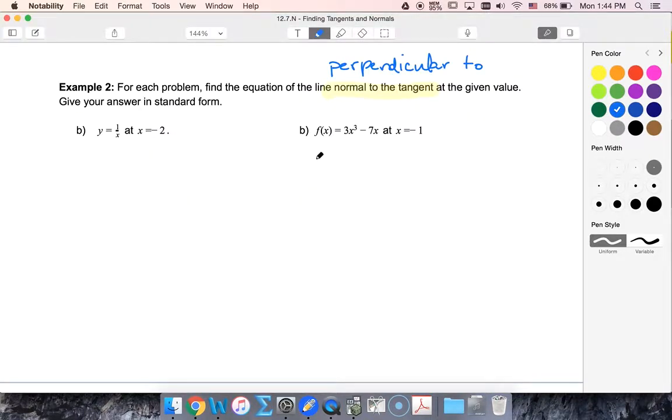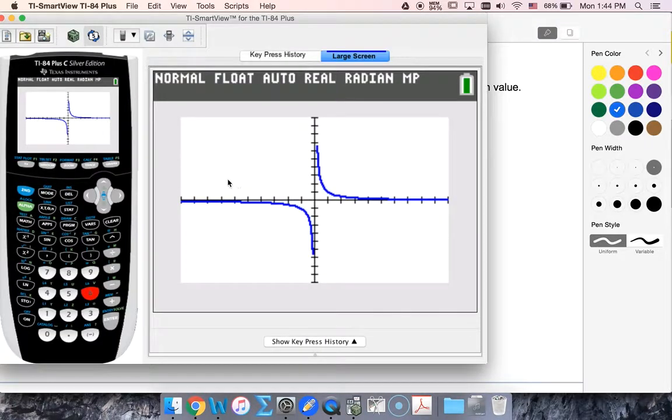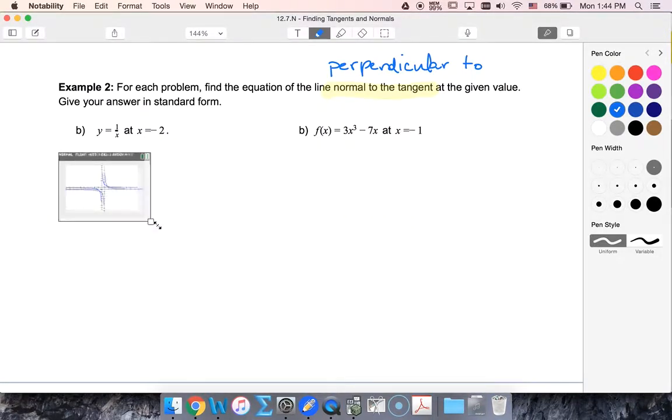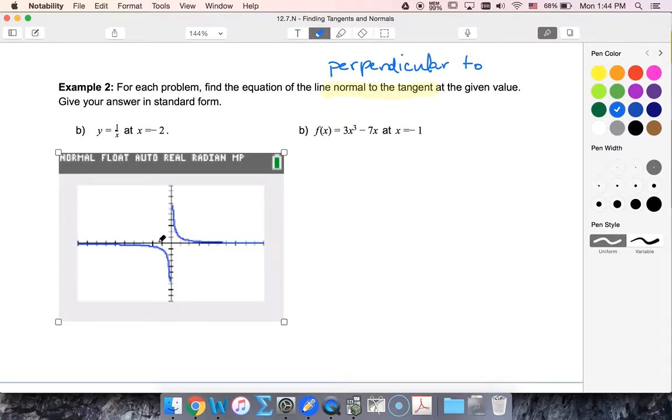And now I want the normal at x equals -2. So if I just think about this graph for a second, let me put this over here. So what we're really thinking about is that when x is -2, so here's -2. So my tangent line, let me put in a tangent line at -2.